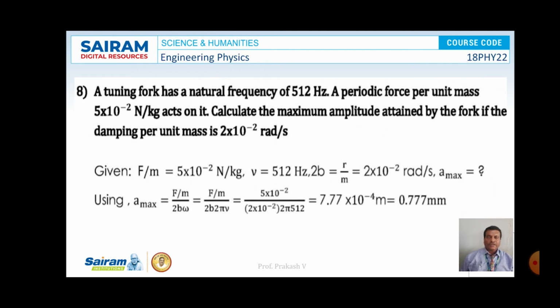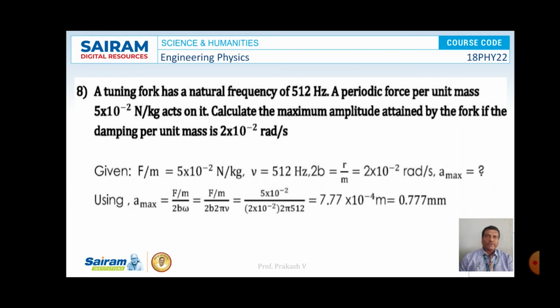Problem number 8: A tuning fork has a natural frequency of 512 Hz. A periodic force per unit mass of 5 into 10 to the power of minus 2 Newton per kg acts on it. Calculate the maximum amplitude attained by the fork if the damping per unit mass is 2 into 10 to the power of minus 2 radians per second.